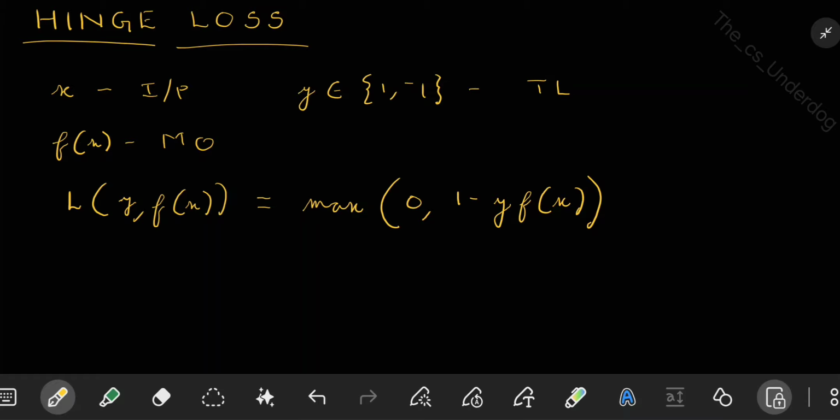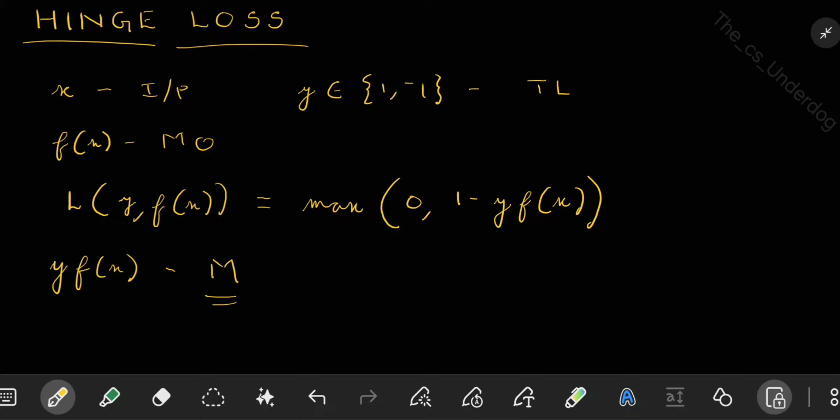Next question is, what is this y into f of x, and what is the logic of having the maximum of 0 and 1 minus y into f of x? We'll first understand the y into f of x part. This term, y into f of x, is what we are going to call the margin. What is the margin here?